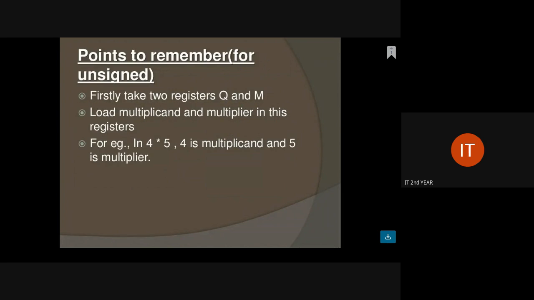We are naming these registers Q and M. Secondly, we load the multiplicand and multiplier into these registers. For example, if we multiply 4 and 5, then 4 is the multiplicand and 5 is the multiplier. We convert 4 and 5 into binary numbers and place them in the registers Q and M.